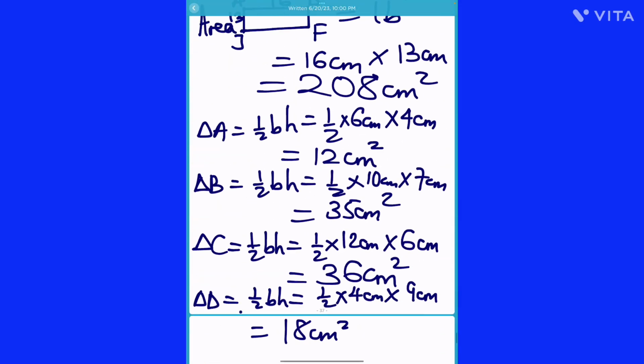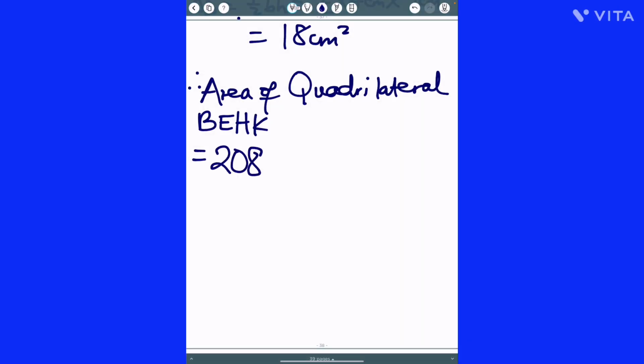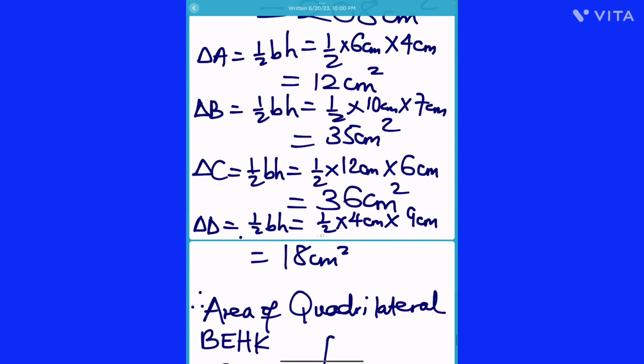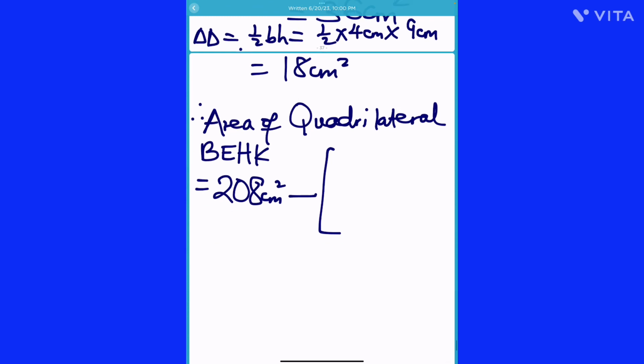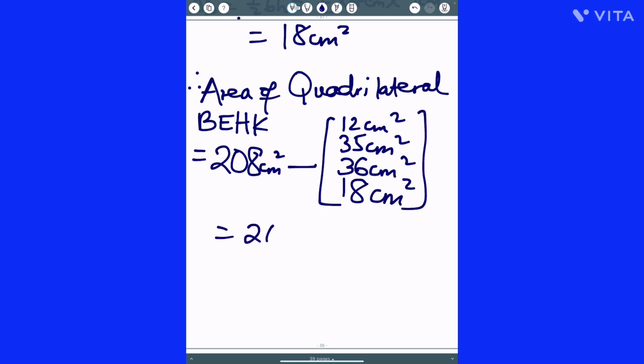What did we get for the area of the rectangle? 208 centimeters squared minus the sum of area of triangle A, 12, B, 35, C, 36, and D, 18. So 12 centimeters squared plus 35 centimeters squared plus 36 centimeters squared plus 18 centimeters squared.